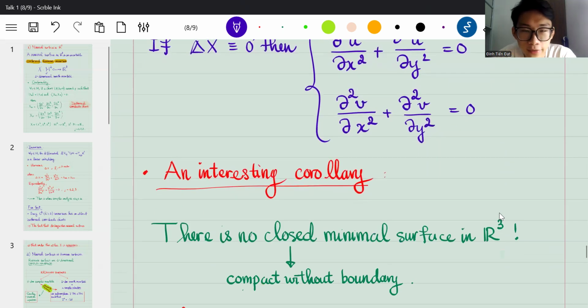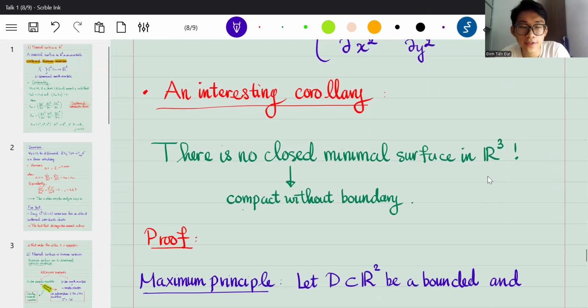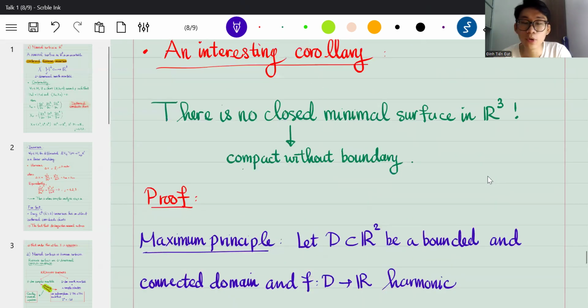Now here's an interesting corollary for minimal surfaces: there is no closed minimal surface in R^3. Closed here means that it's compact without boundary. The proof is very simple.